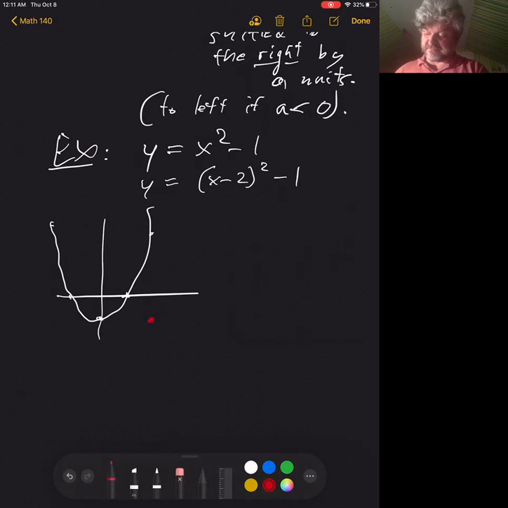When x is 3, it's a 0. When x is 1, it's also 0. When x is 4, it's positive 3, so up there somewhere. Here's your shifted graph. And even with my scribbles, it's pretty clear. Yes, it shifted 2 units to the right.